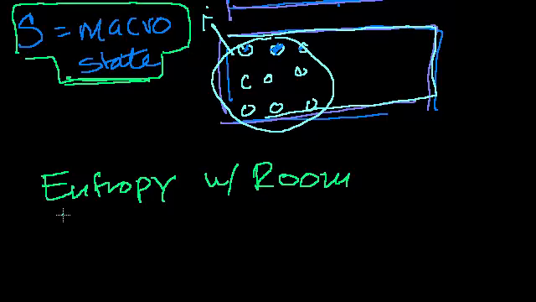You just have a general sense of how much stuff there is in the room, what the temperature of the room is, what the pressure in the room is, just the general macro properties. Then entropy will essentially tell us how many possible microstates that macro system can actually have, or how much information, and there's a notion of information entropy, would I have to give you to tell you exactly what the microstate of a system is at that point in time?